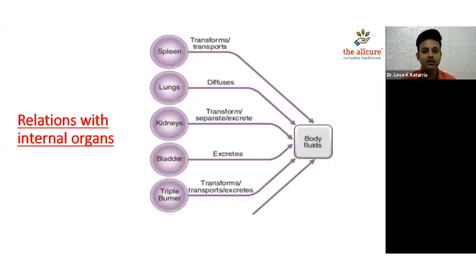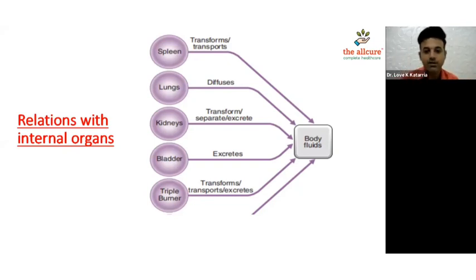Here is another diagram to show you the relationship of the internal organs with body fluids. The spleen is the one which transforms and transports. The lungs diffuse the body fluids. The kidneys transform, separate, and then excrete as well. The bladder has not only the function of excretion.